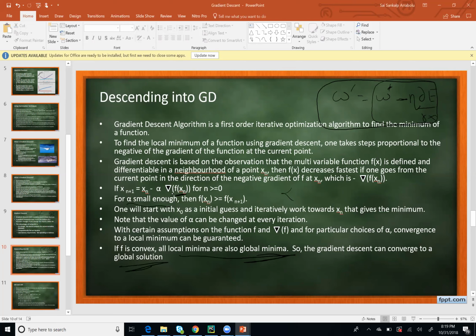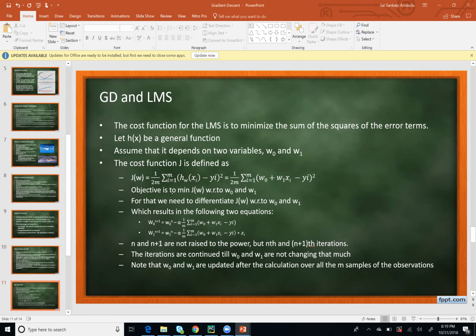Now let's talk about the cost function. Least mean square is basically the sum of all error terms. This is the same equation we'll use in linear regression also.